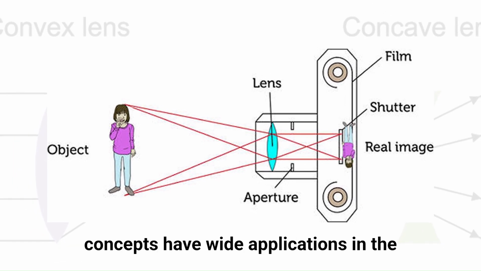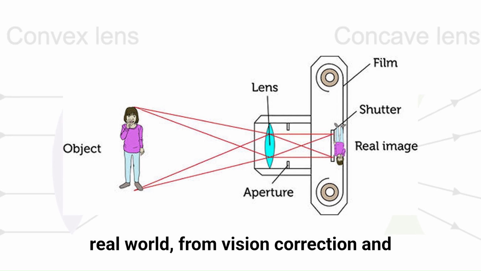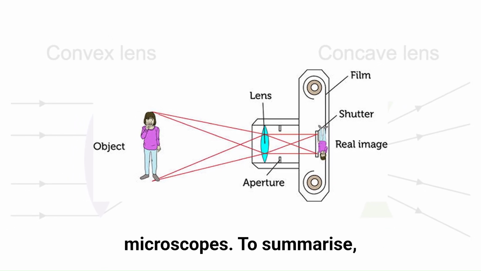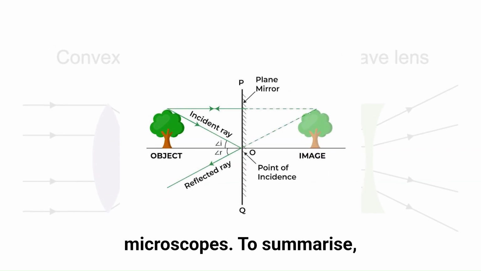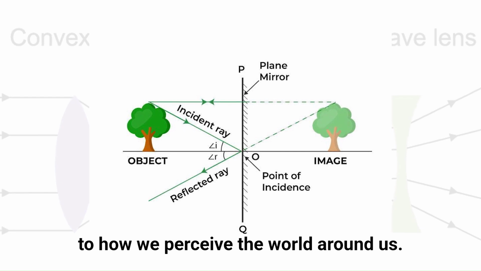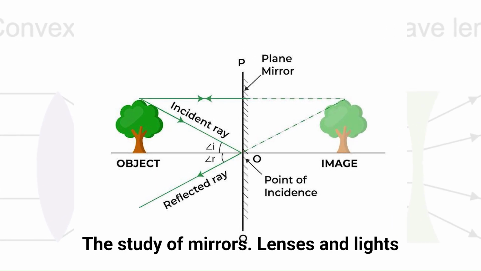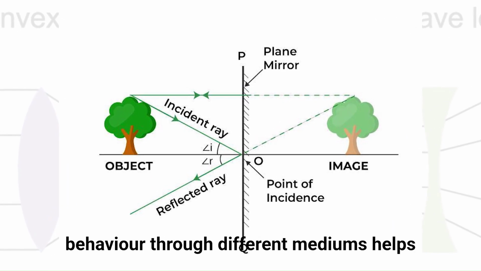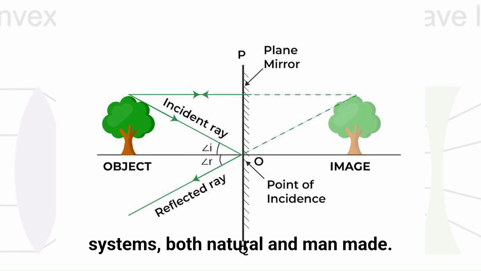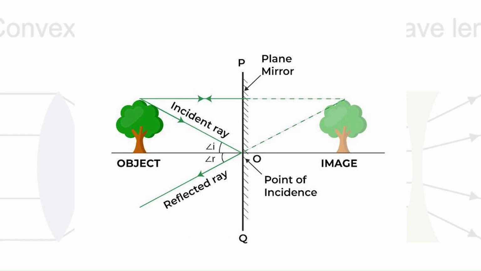These concepts have wide applications in the real world, from vision correction and photography to understanding the functioning of telescopes and microscopes. To summarize, reflection and refraction are fundamental to how we perceive the world around us. The study of mirrors, lenses, and light's behavior through different mediums helps us understand the mechanics of optical systems, both natural and man-made.